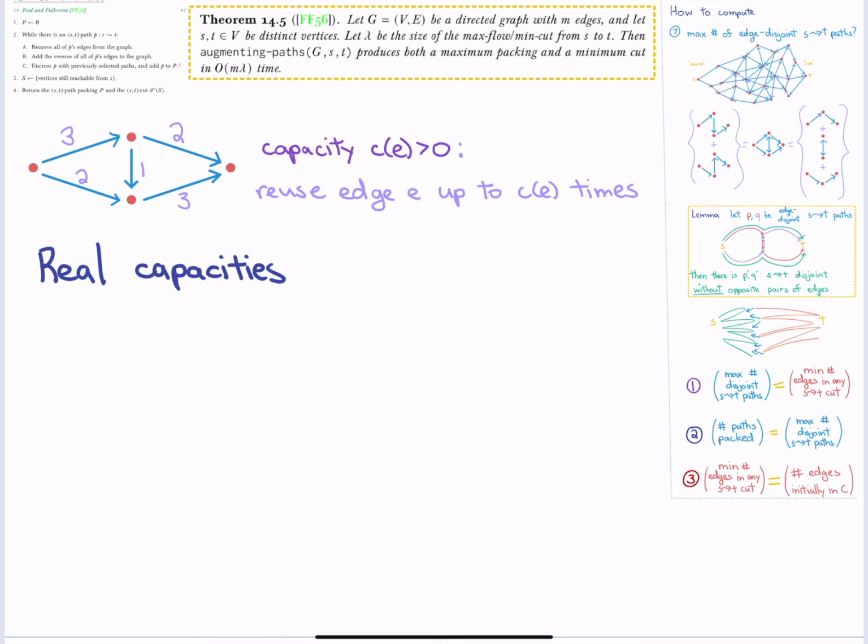The question is, is there anything weird about the numbers that can throw off all this nice theory that we built up last class? So far, the answer has been no. We've been able to handle integer and rational capacities. But now what about real values? Like if I throw in square root 2, is that special? Does that cause any problems? How can I try to handle real values?